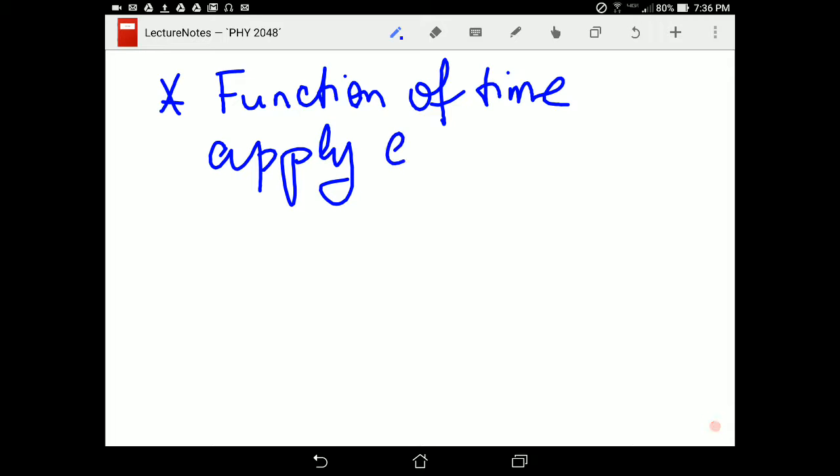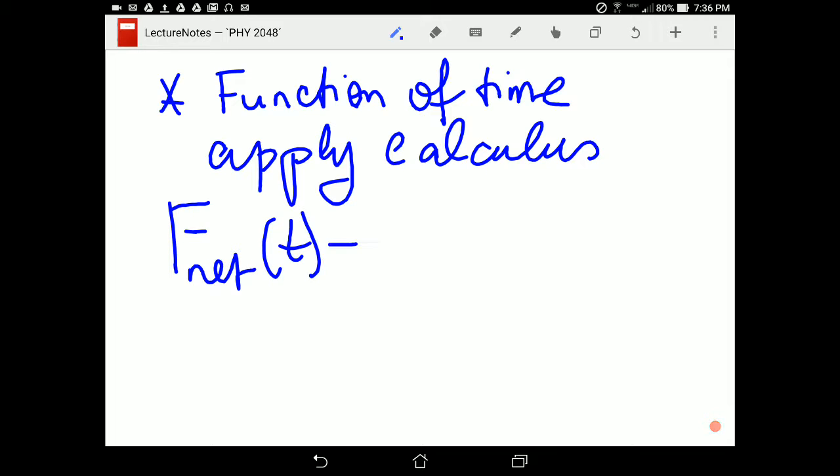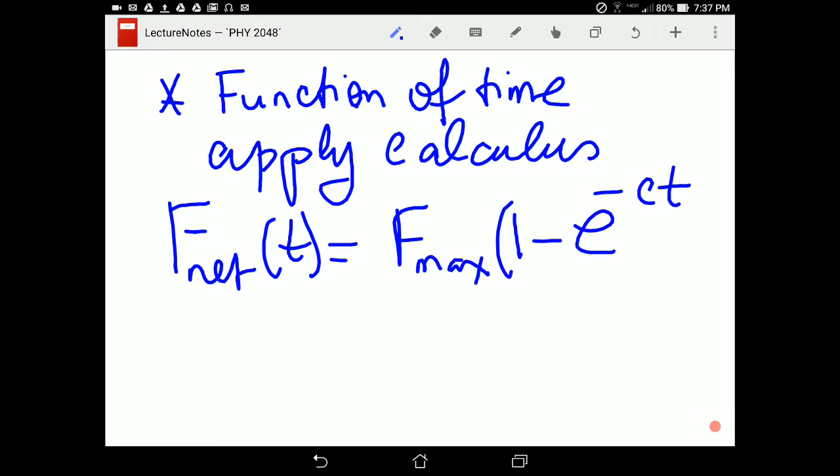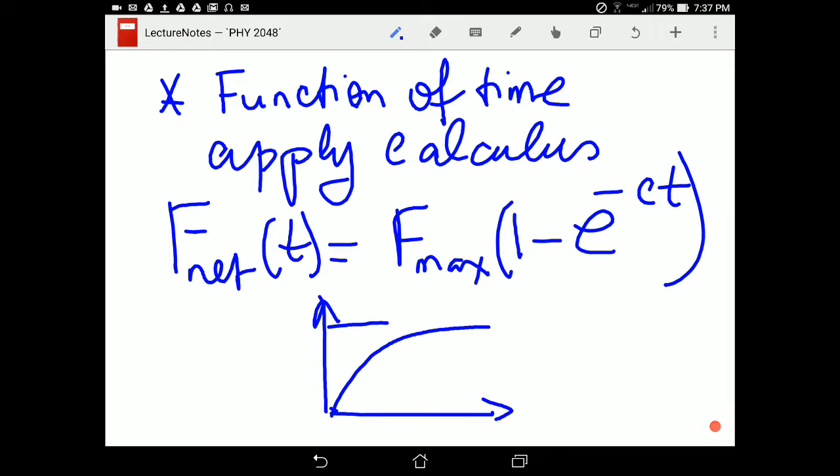For instance, I won't do the detailed calculation here, but imagine that the net force as a function of time is given by something like a maximum value times 1 minus e to the negative some constant times t. If you plot it, you'll see that this is a function that increases like this. It starts at 0 and eventually reaches some maximum.